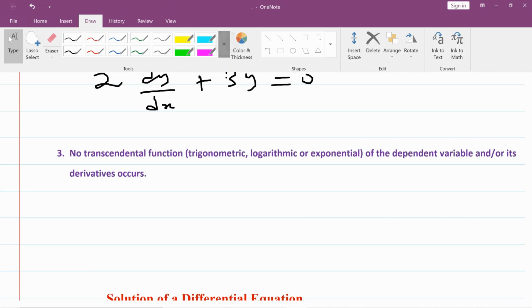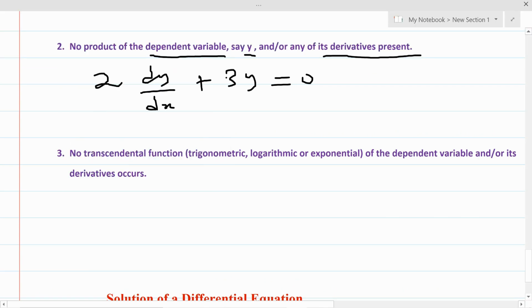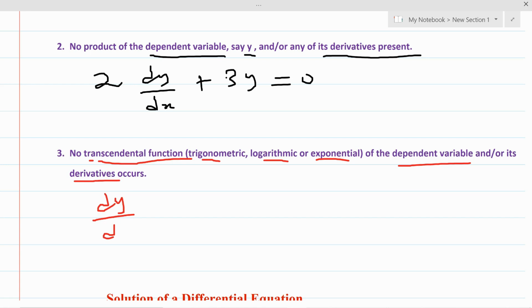Look, the underlined words are: no transcendental function. So any of these functions of the dependent variable, that is this side, and its derivatives should not be present. So let's see this equation: dy/dx + 2 sin y = 0.